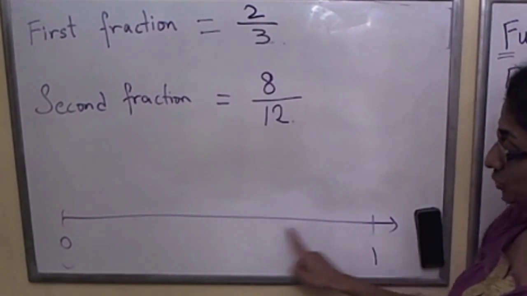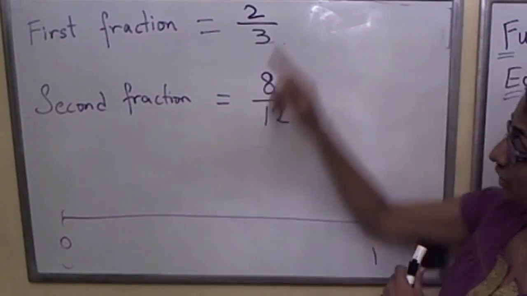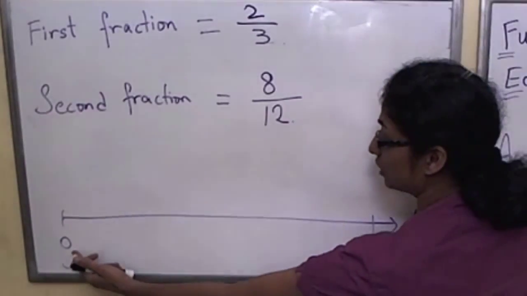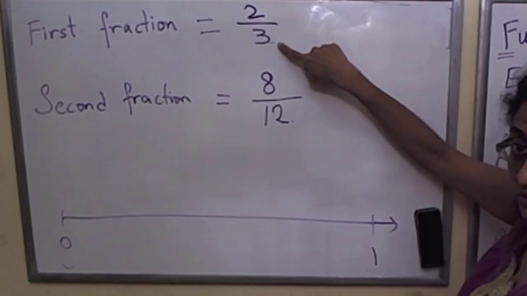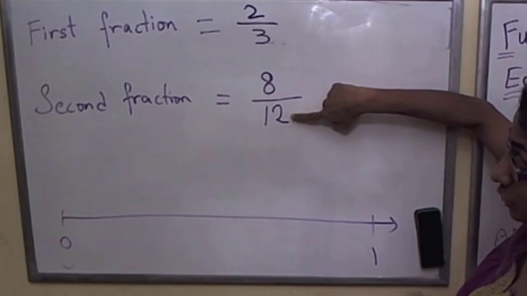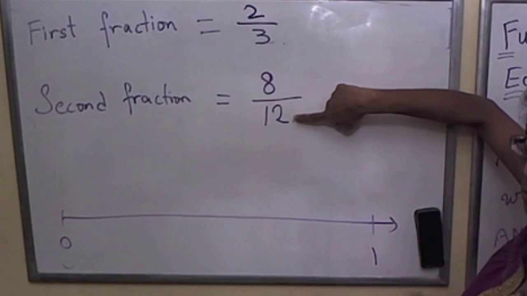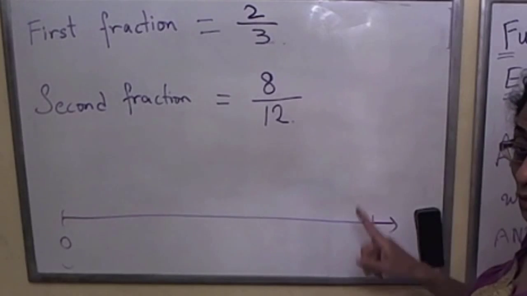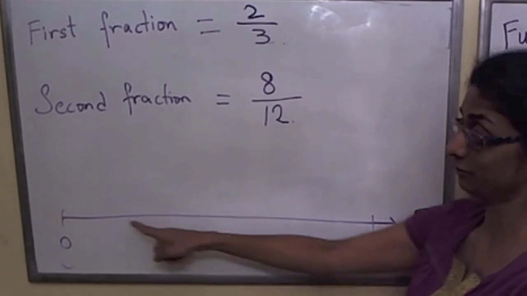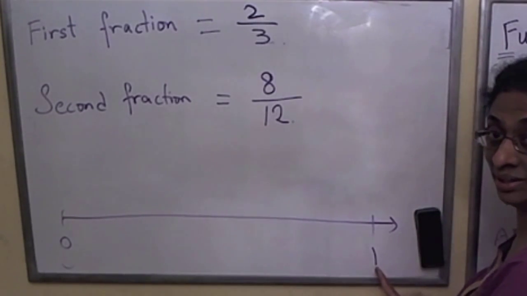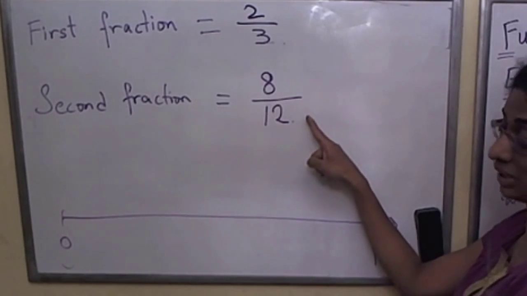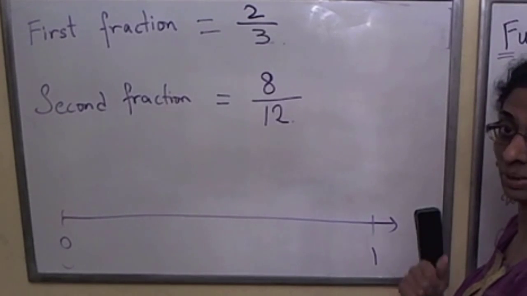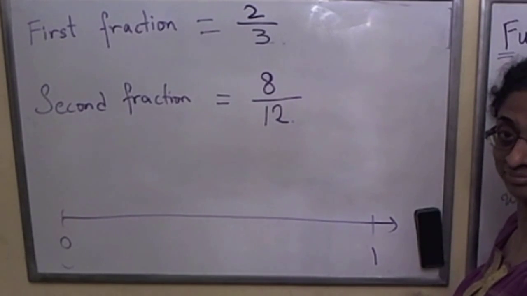You want to pick those spaces in such a way that you can divide the unit segment into 3 equal pieces, and also to locate 8 over 12, you'll want to divide it into 12 equal pieces. So did you guys get a hint? Perhaps if you picked 12 spaces between 0 and 1 on your graph paper, that will make it easy for you to mark your 8 over 12 and also 2 over 3. So do that activity and check back with me on how I do mine.